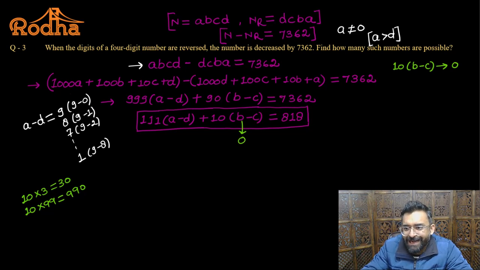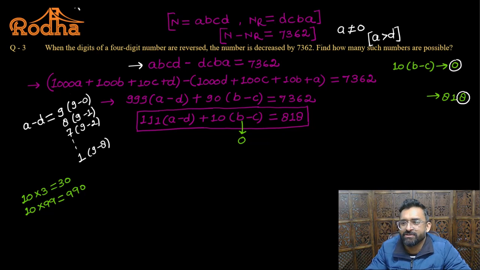If you look at the right hand side, it's ending with 8. So the unit place of the right hand side, 818, is 8. I'm focusing on the unit place, you'll get the idea why. And the unit place of the 10 into B minus C product is obviously 0. We have understood. Now what exactly am I supposed to do?